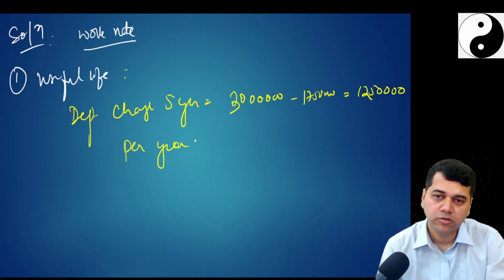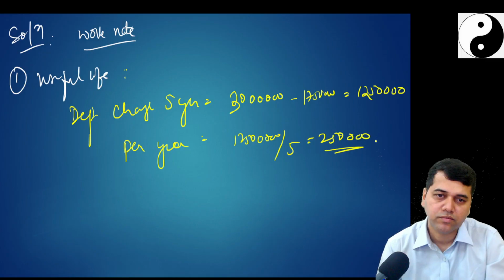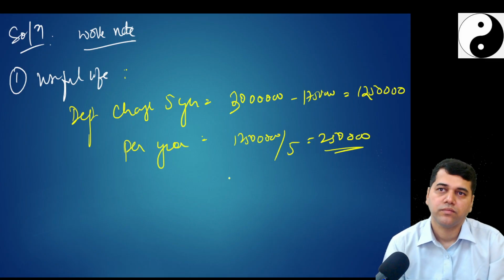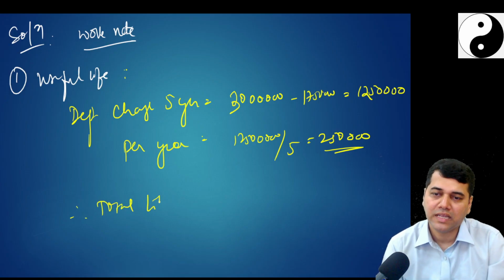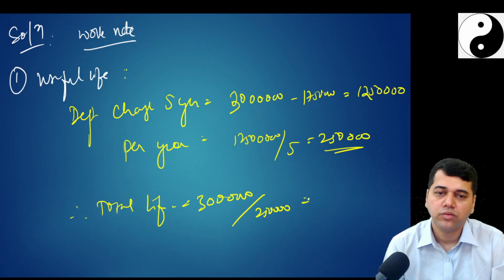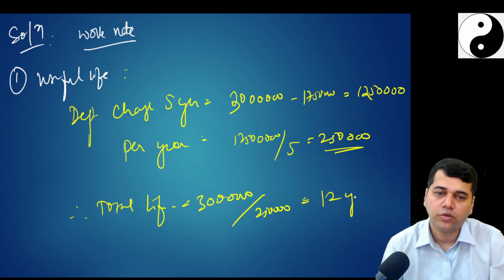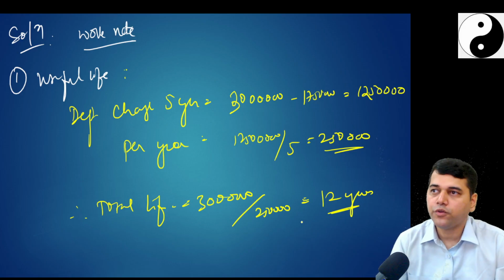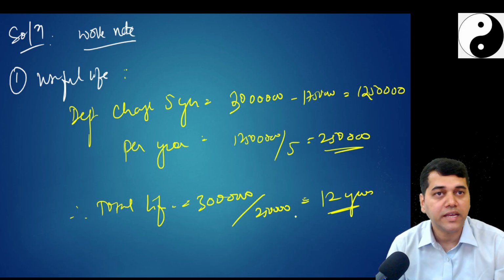Per year, 12 lakh 50,000 by 5, that is 2 lakh 50,000. Therefore, total life will be 30 lakhs divided by 2 lakh 50,000, which is equal to 12 years.